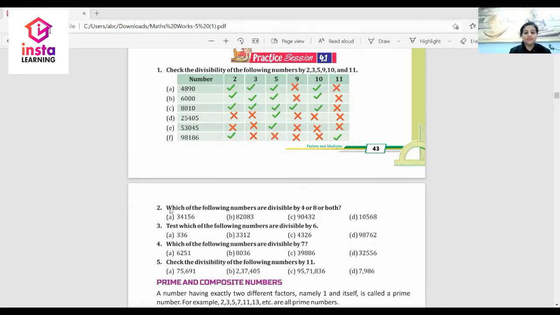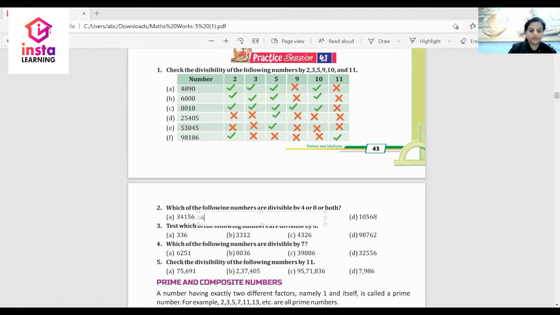So students, our second point is, which of the following numbers are divisible by 4 and 8 or both? The numbers that are divisible by 4. So we will write here 34,156. It is divisible by 4 but not by 8.